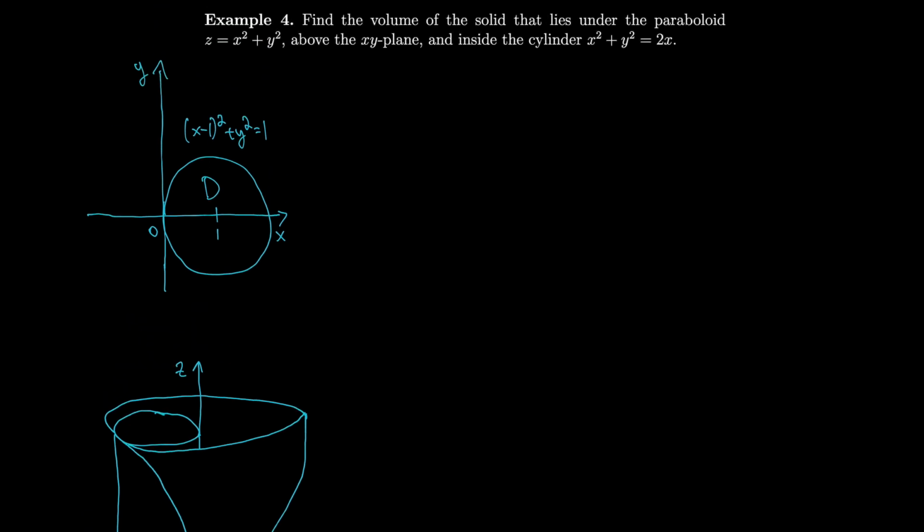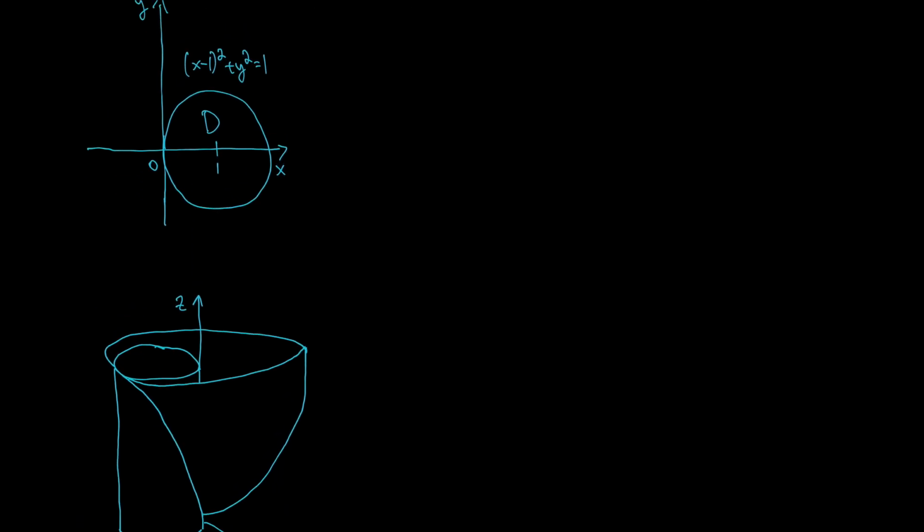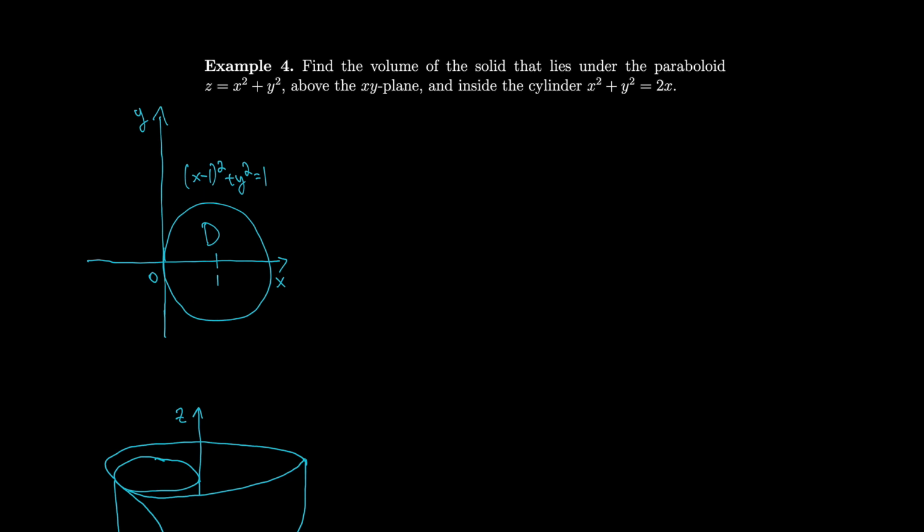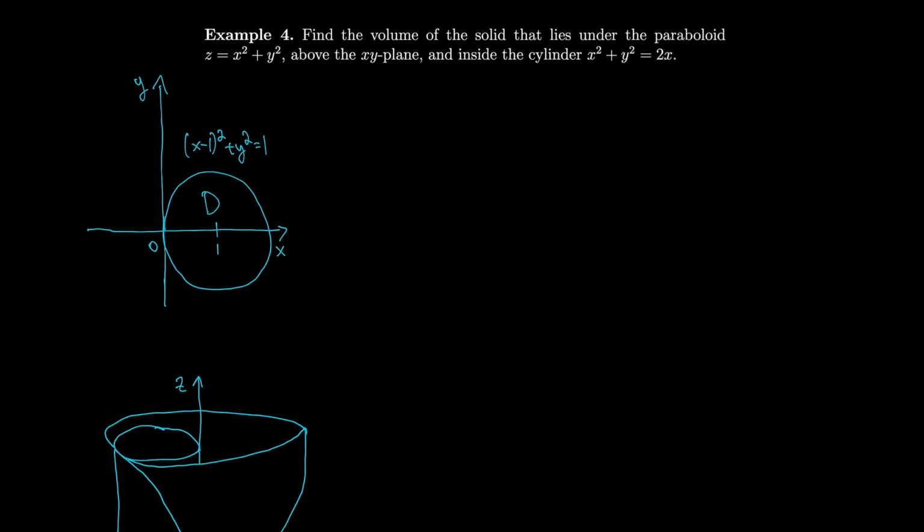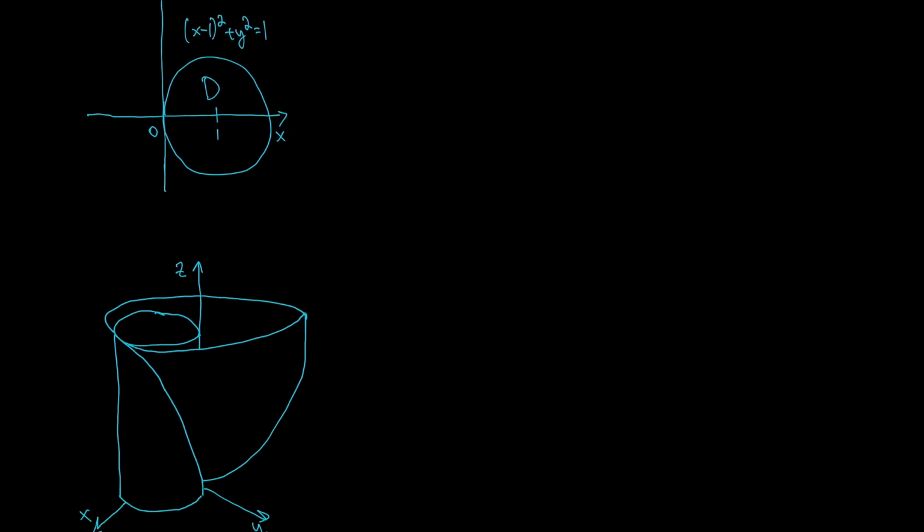Okay, so it looks like we want the volume of the solid under the paraboloid and inside the cylinder. So it's underneath the paraboloid, so it's this part, but it stays inside the cylinder. I'm going to shade it like this. So this is the volume we want, which makes sense that it would be a circle in the xy plane because the base of the cylinder is a circle in the xy plane.